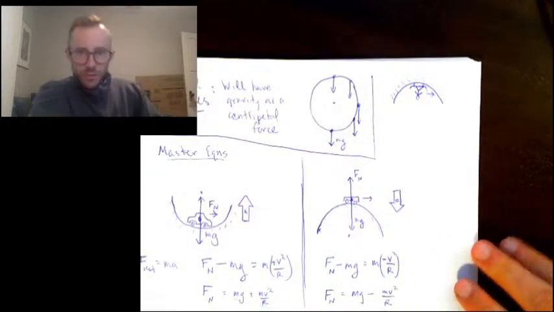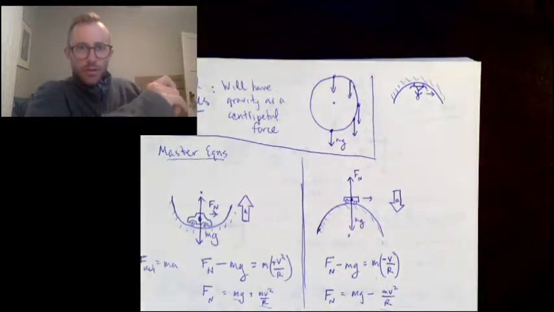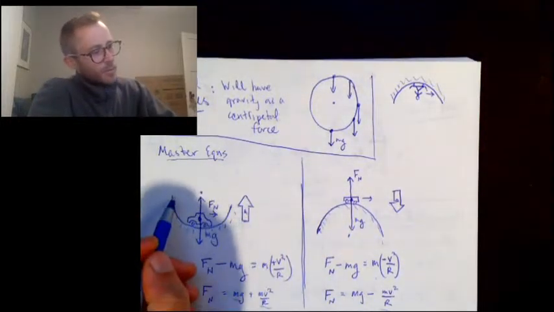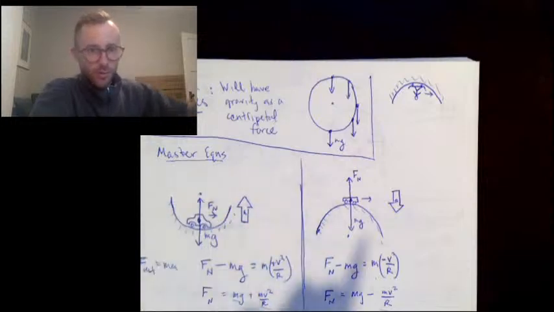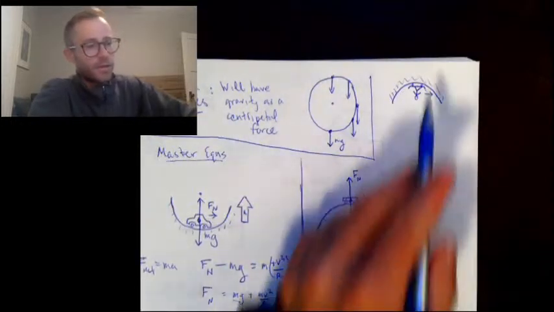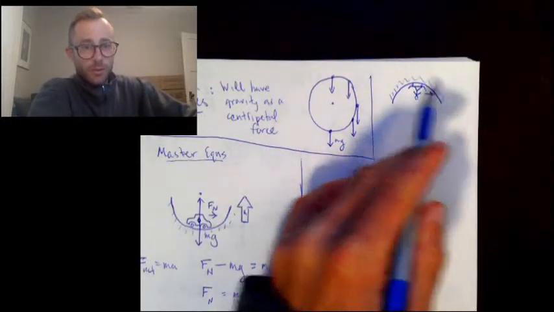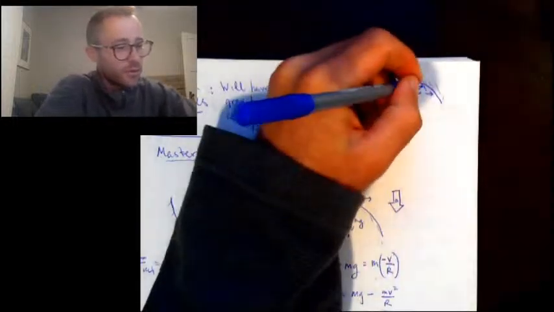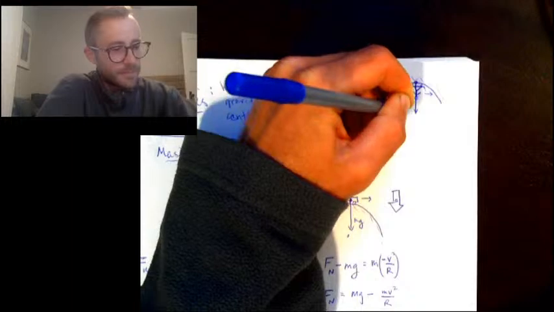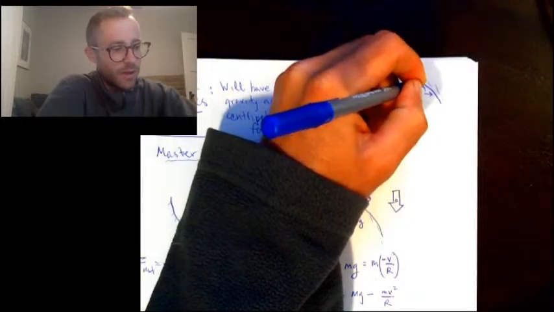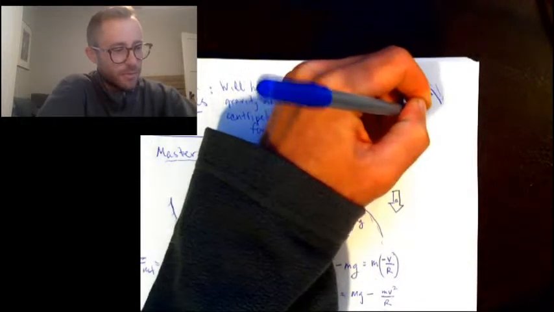Now what's different about this one? In both of these examples, the floor is below the person, so the normal force points upward. Here, the normal force, or the floor, is above the person, so the normal force actually points downward. Gravity also points downward.